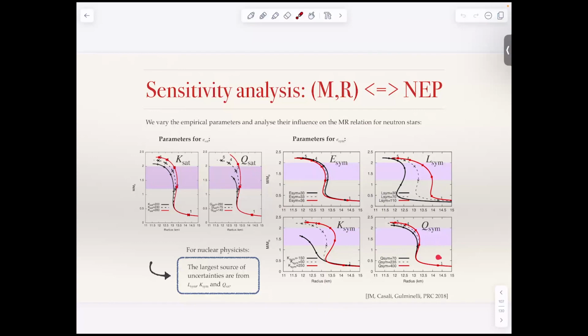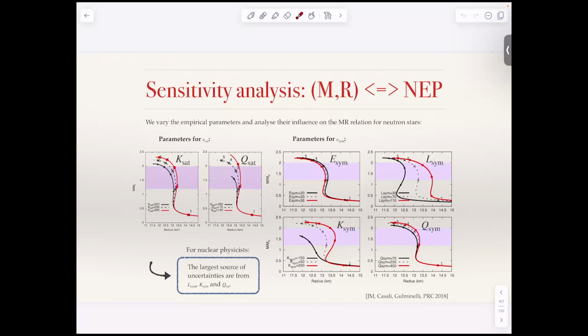Okay, so you see there that if you only use the properties of nuclei to determine the equation of state, at maximum you reach saturation density, and therefore you cannot predict anything above that for a neutron star. Okay, because your experimental data is limited to saturation density, and everything above is extrapolation.